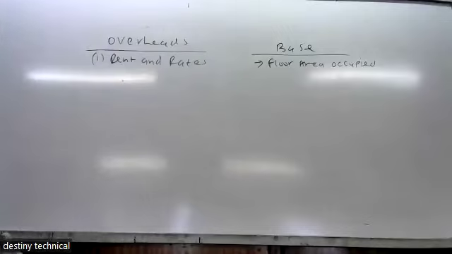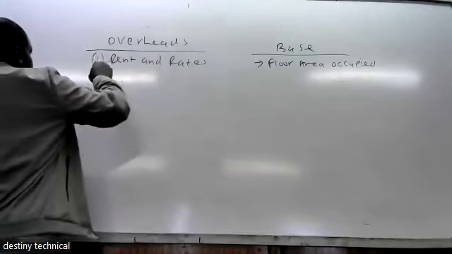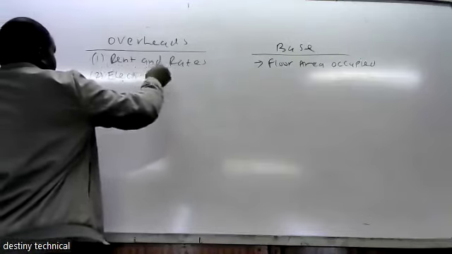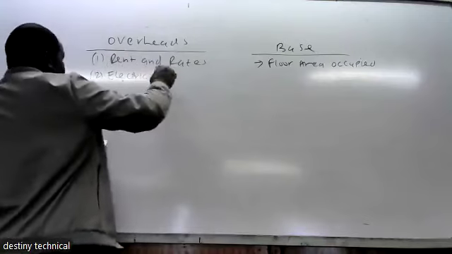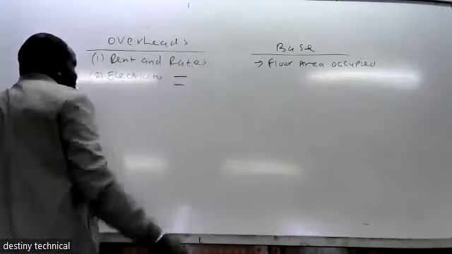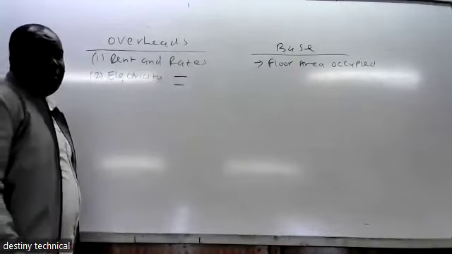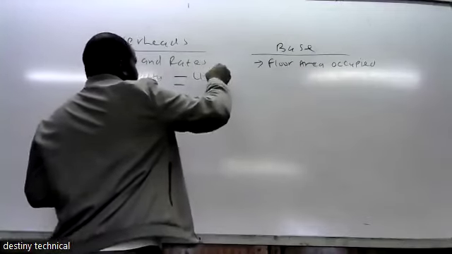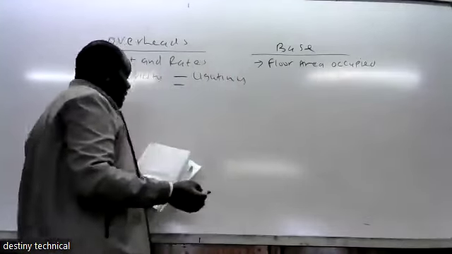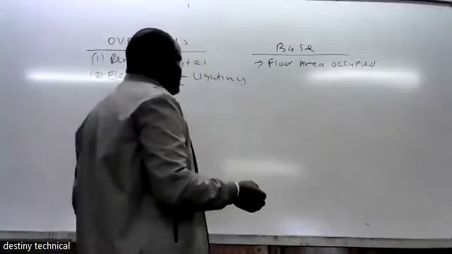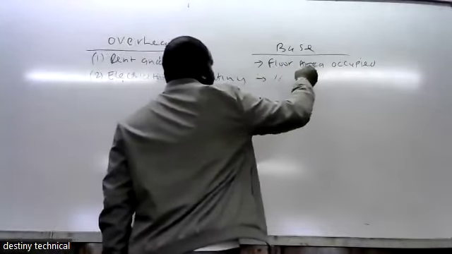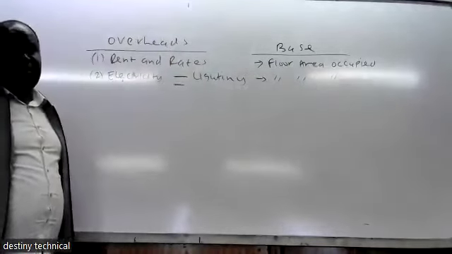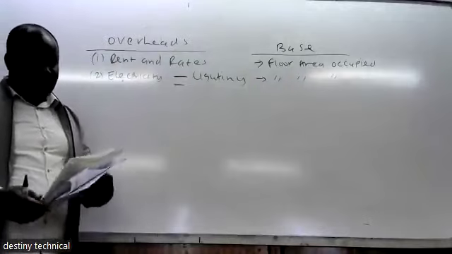Number two, I can have electricity. Electricity we use in two items. One of them is lighting. When we use it for lighting, we also use the floor area occupied.